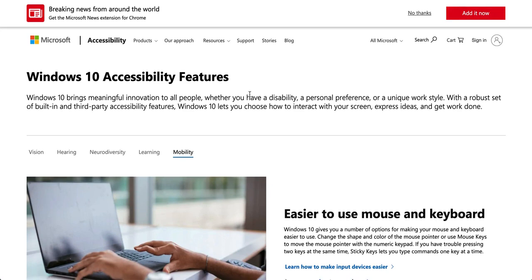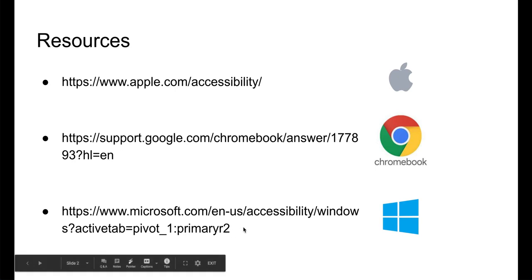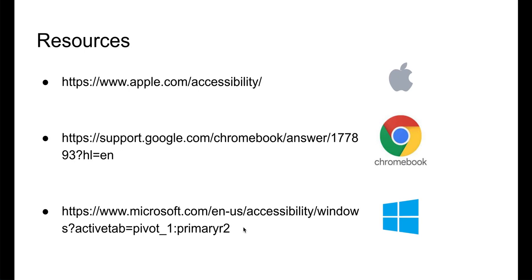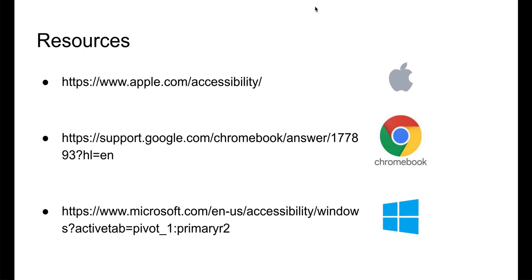I just wanted to do a really fast video just to demonstrate that there are resources out there. Now, if it's the first time you've ever tried to set these up, the websites are pretty good about having the instructions and the directions. But other things that are helpful are YouTube videos.